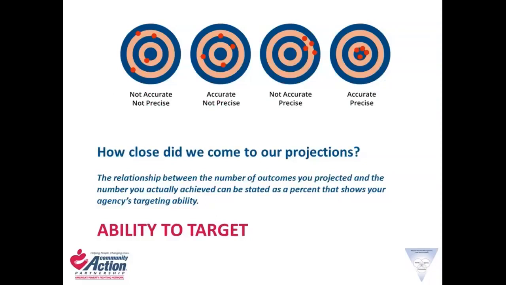Another area for analysis is really about the agency's ability. This is something to look at to say, does our agency really understand what we do? Do we know how to project our outcomes? So the relationship between the number of outcomes you projected and the number of outcomes that you actually achieved is a percentage that shows your agency's ability to target.